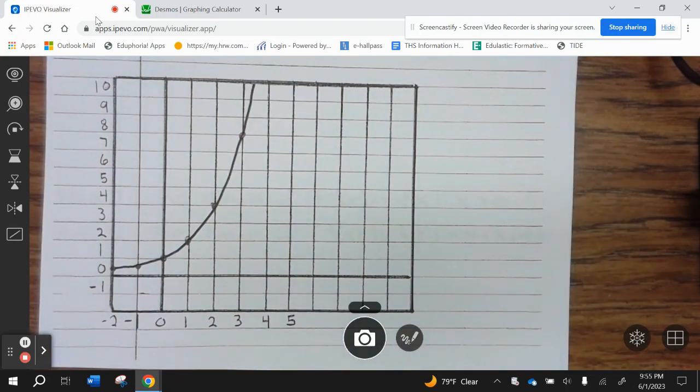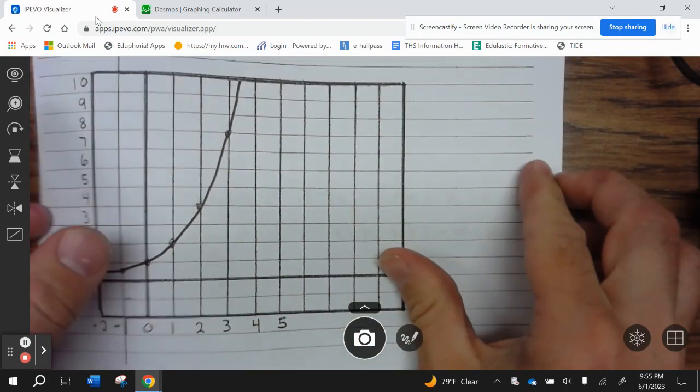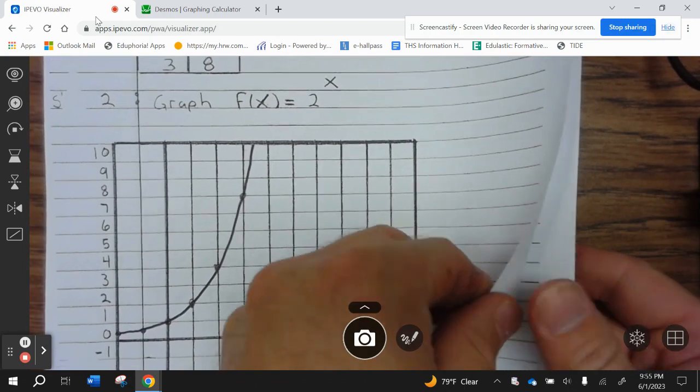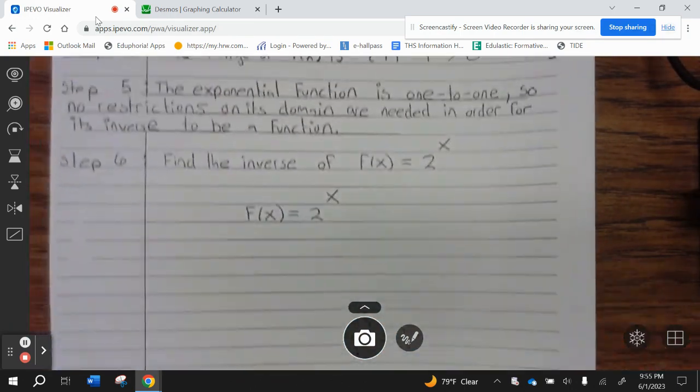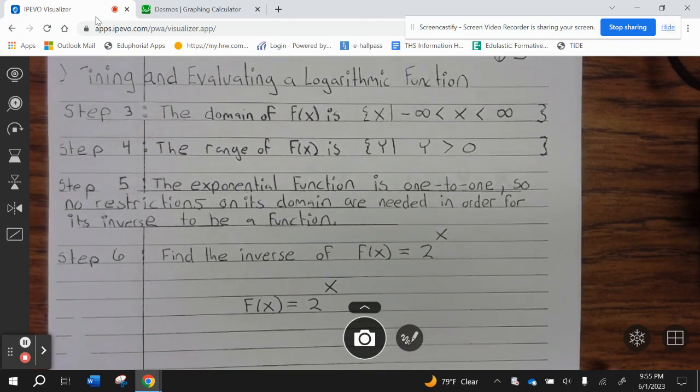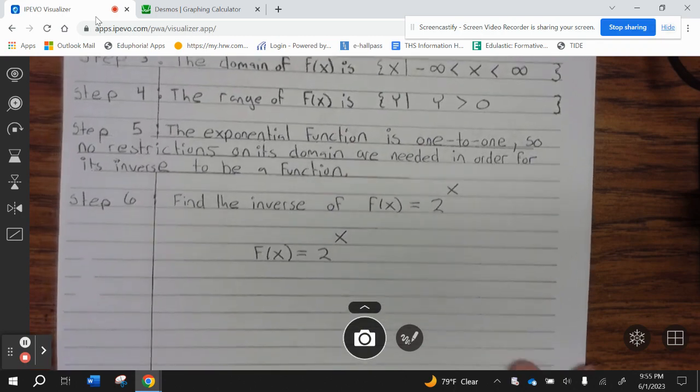Okay, there's your graph. All right, step 3. The domain of f of x is negative infinity to positive infinity. The range of f of x is y greater than 0. The exponential function is 1 to 1, so no restrictions on this domain are needed in order for its inverse to be a function.